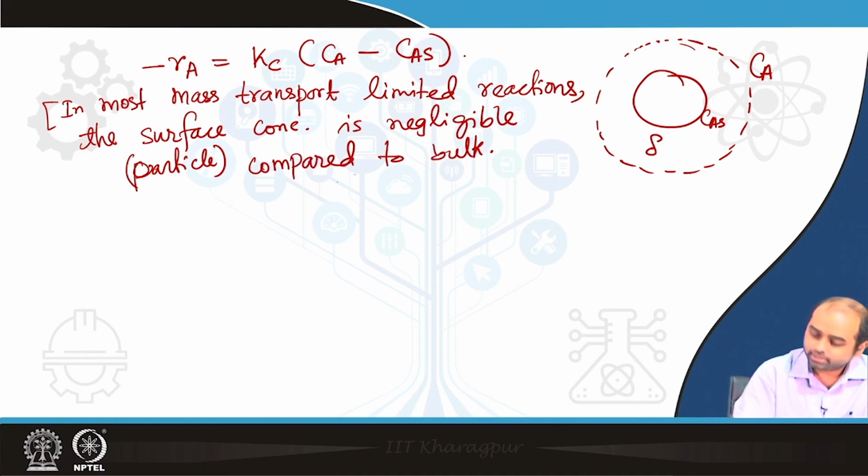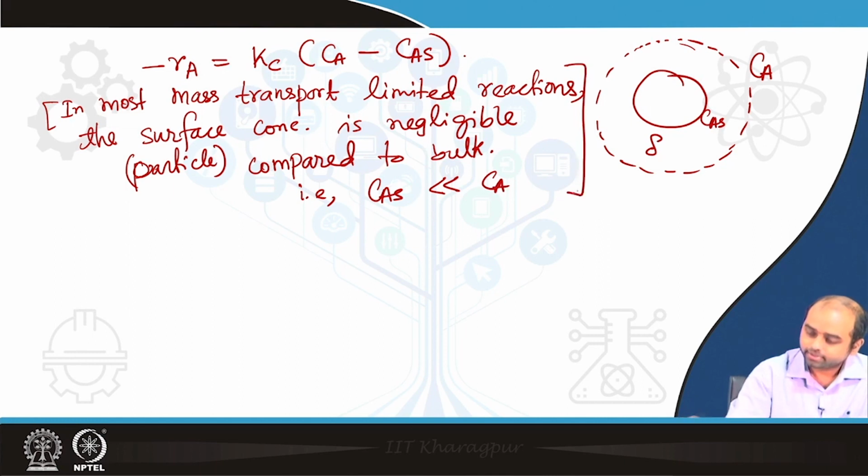Which means that CAS is much smaller than CA, right.